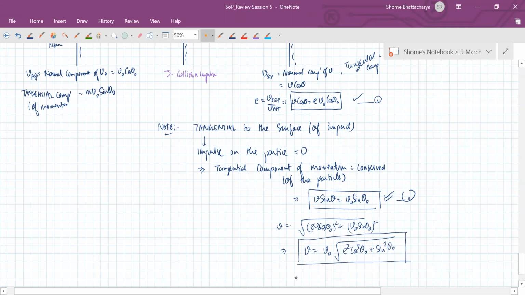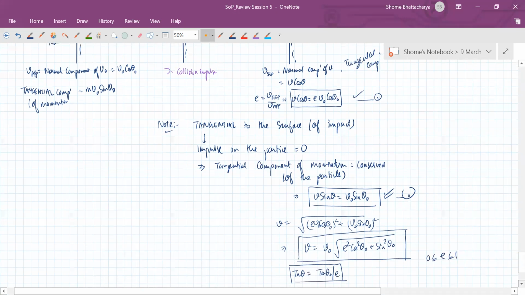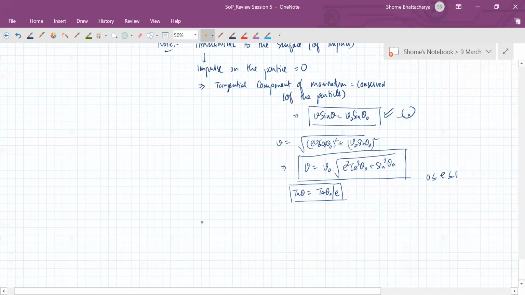And dividing the two equations, tan theta comes out to be tan theta naught divided by e. Remember, e can range from 0 to 1, inclusive of both values. From this result, for e equal to 1, perfectly elastic collision, we get v equal to v naught, which means that kinetic energy is conserved.